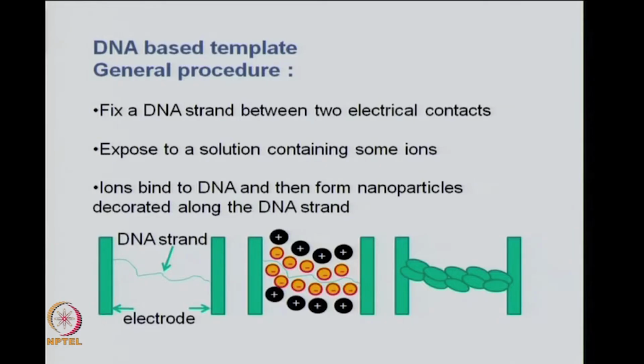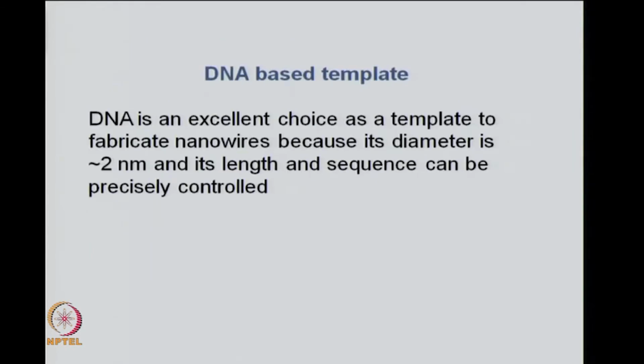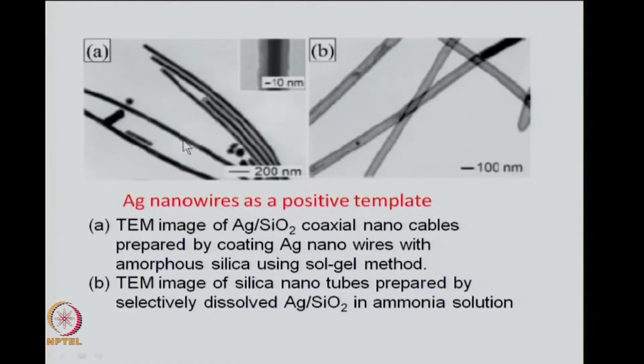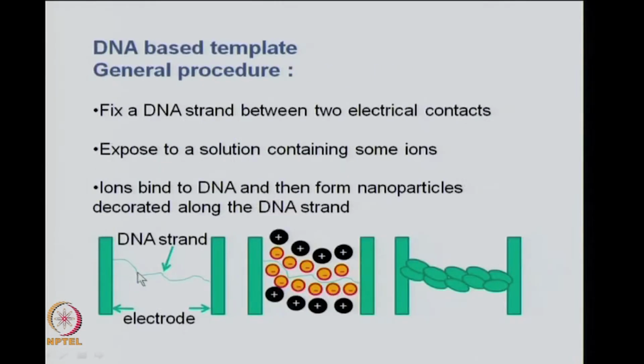So, we looked at some negative template based electrochemical synthesis to give rise to nanostructures, and we also looked at some positive template based techniques to grow nanostructures, like in this case we grew silica on top of silver, and here we used DNA as the template, and we can grow other material depending on which ions you are choosing here. You will have nanoparticles forming along the DNA strand.